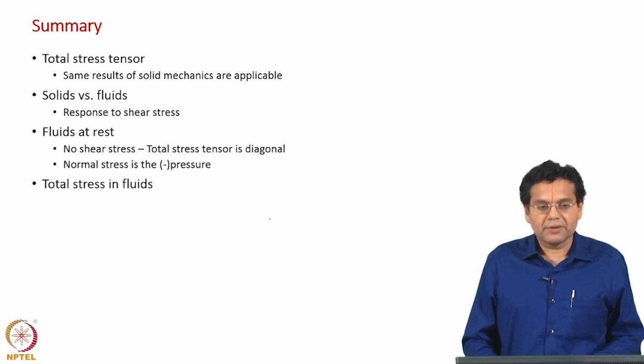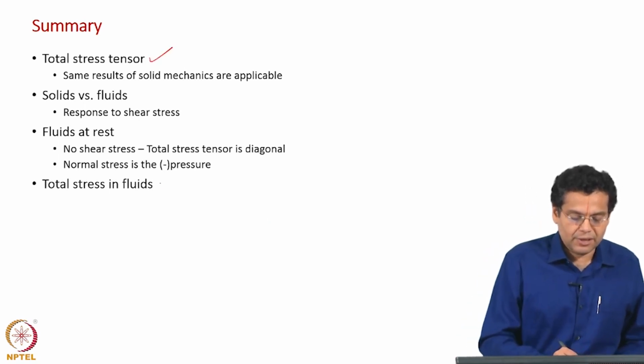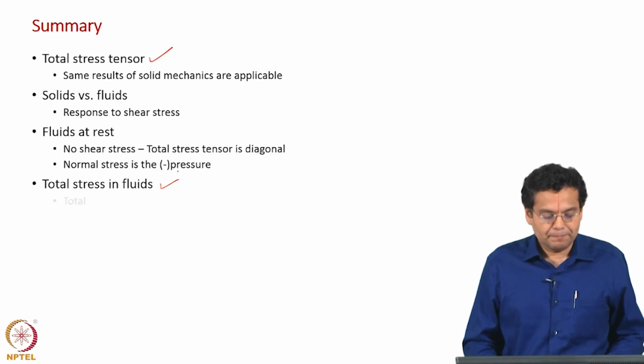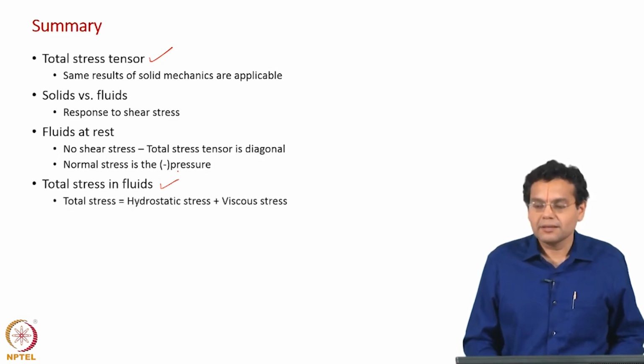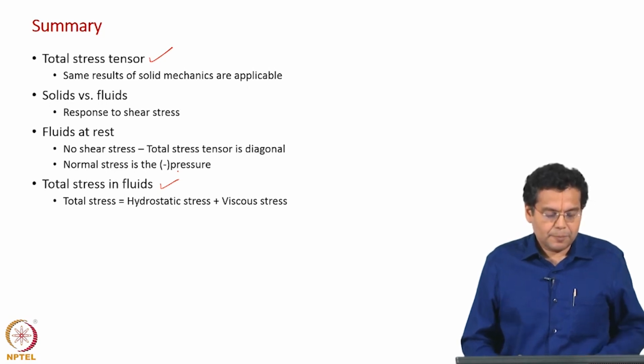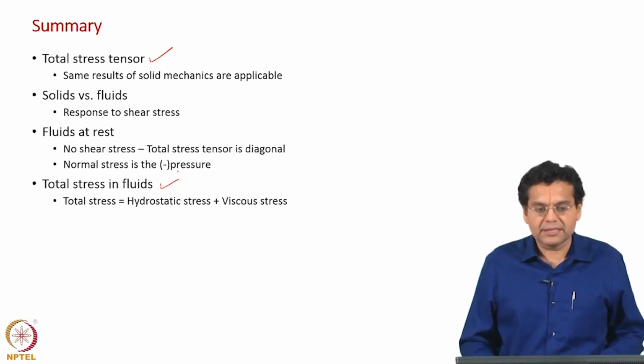Based on that, we are able to write the expression for total stress in fluids. Total stress has two components, hydrostatic stress plus viscous stress. One stress acts when the fluid is at rest, and additional stresses act when the fluid is flowing.